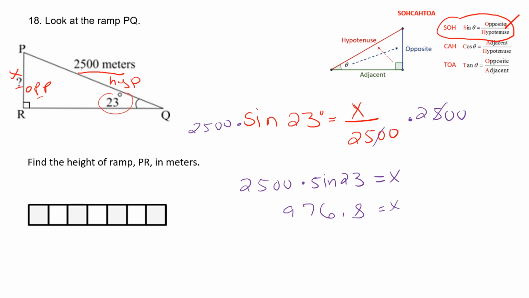If you have another calculator, I have a Casio also. You could just also put sine of 23, hit enter, and then multiply that by 2,500. So make sure you work this problem out with the calculator you have so you can know how to use it. But I get 976.8 for this side length here.